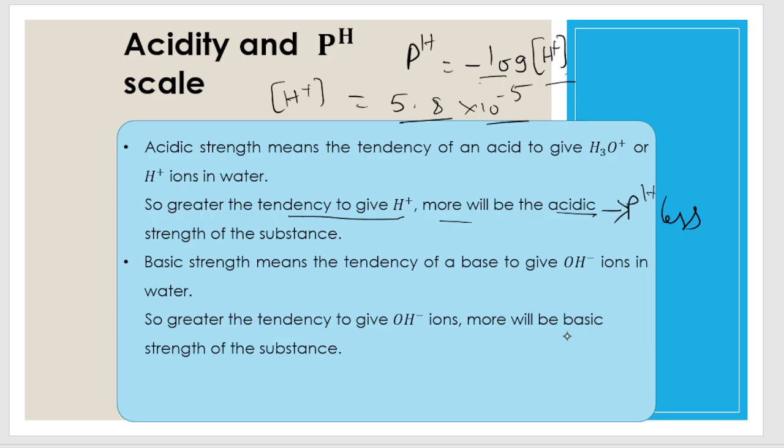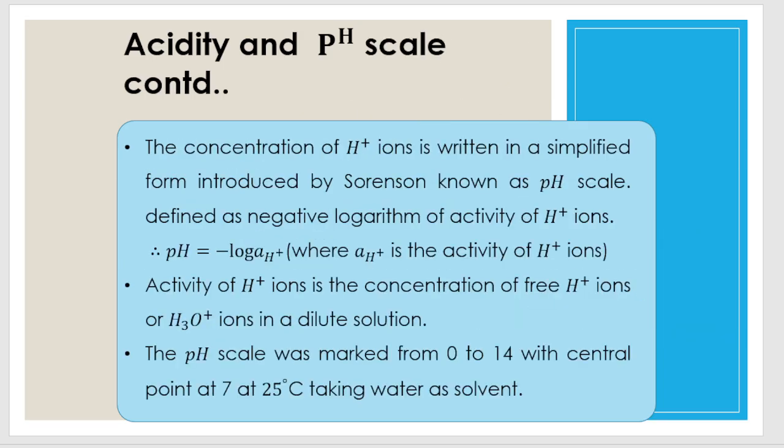Similarly, instead of acids, if we consider bases, we can calculate pOH. If we apply the negative logarithm for OH minus ion, strong bases give more OH minus ions, so the value is larger. For the larger value, if we apply the negative sign, you will get a smaller value. That means pOH will be less for a basic solution.